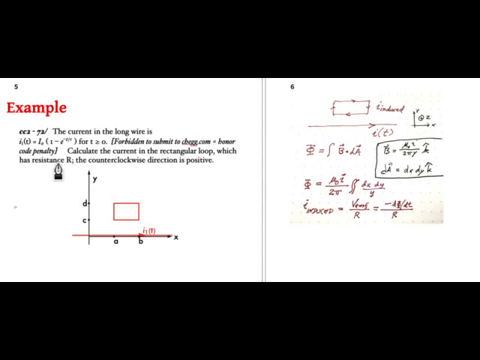In the first example, we took the magnetic field to be uniform. In this example, we'll take the magnetic field to be coming from the current in a wire. So in this example, we have a wire with current I1 of t. And in fact, we'll take I1 to be I0 times 1 minus e to the minus t over tau. So I1 is given.